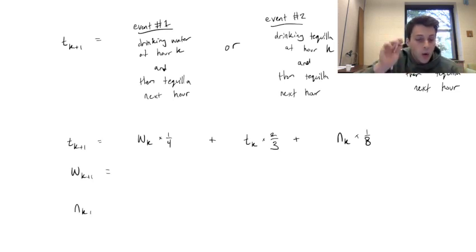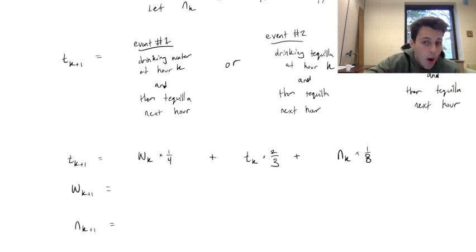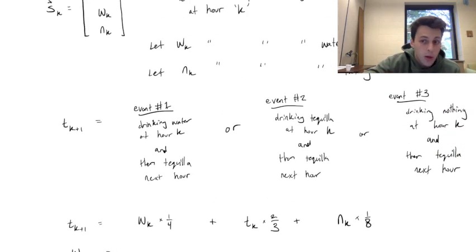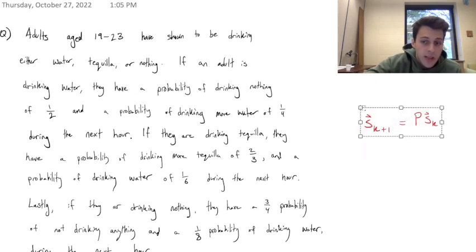Okay? And the whole goal of this is because this vector, TK plus 1, WK plus 1, NK plus 1, is just our state vector or our probability vector for the Markov chain. Remember, back at the start of this question, we defined this is the Markov chain.